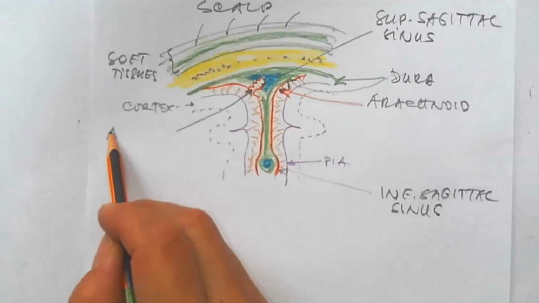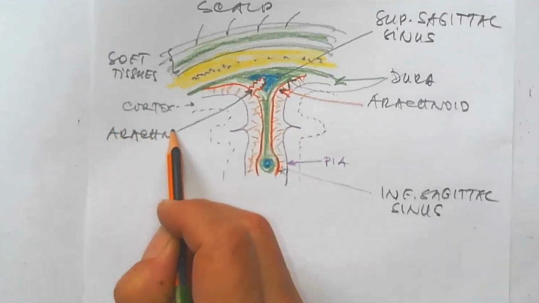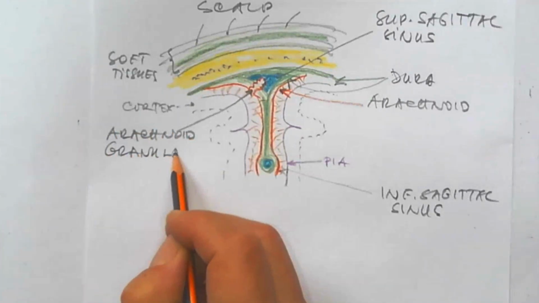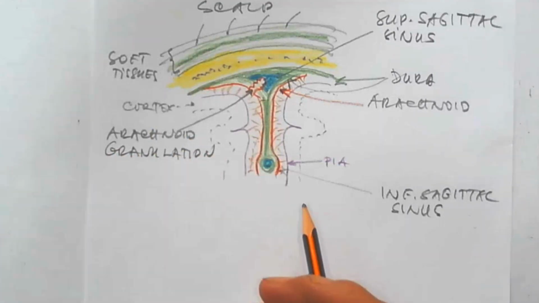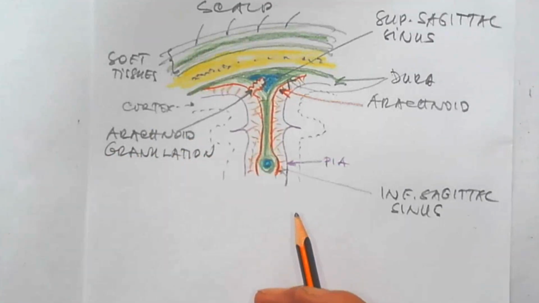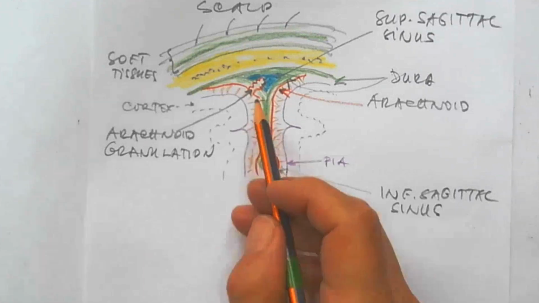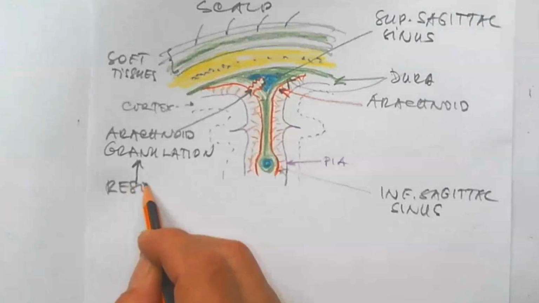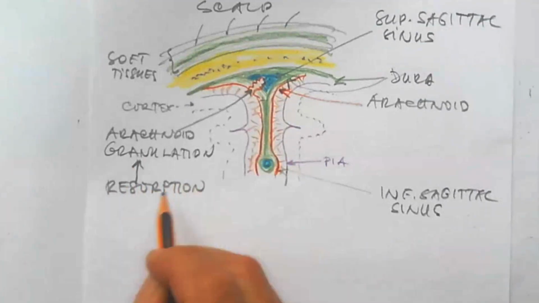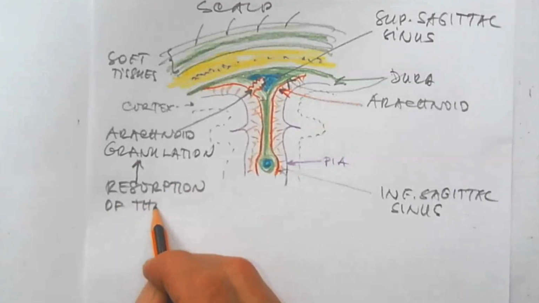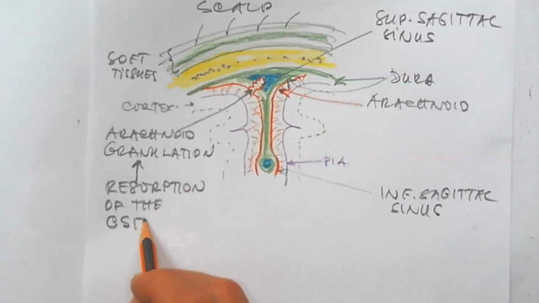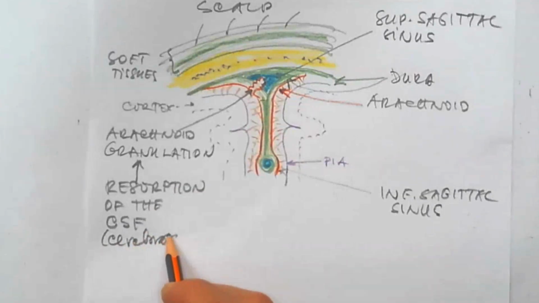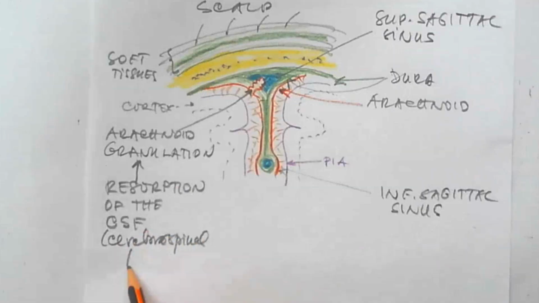We call it arachnoid granulation or granulations, and the arachnoid granulations represent the places where there is resorption of the cerebrospinal fluid.